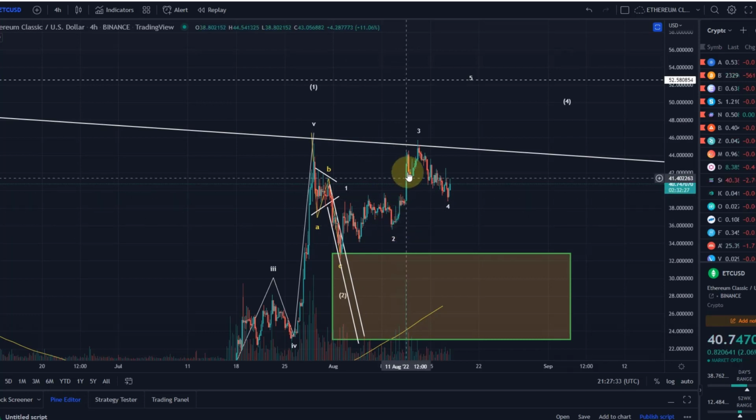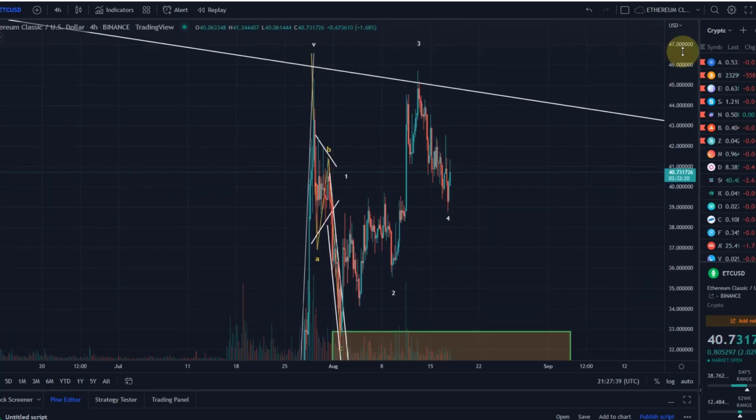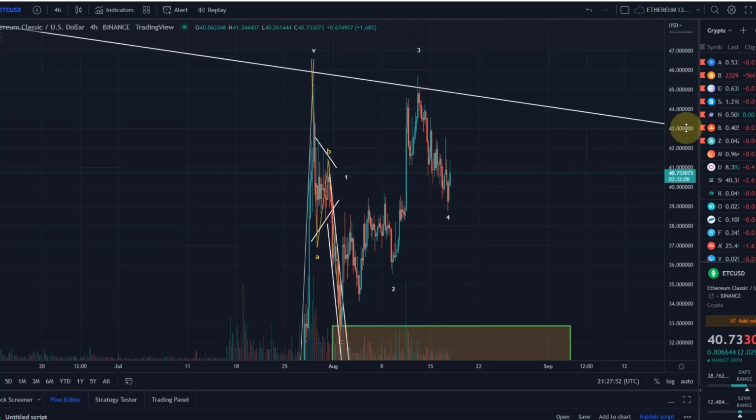We then moved up in a clear 5-wave move to the upside in a wave 3. We're now coming down in a wave 4. As you can see, we are not yet cutting into the wave 1 price range, but honestly, if it goes below $38.75, that's it, then we cannot continue with this wave count.